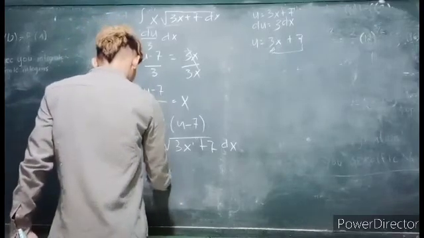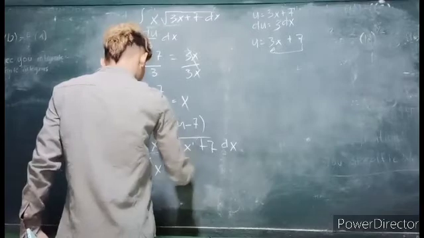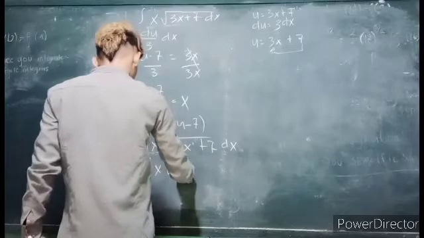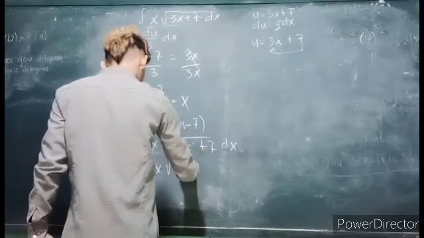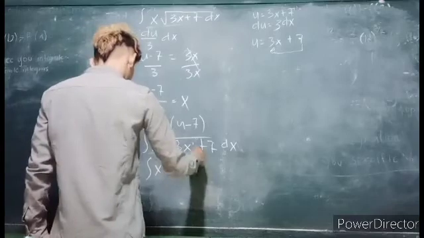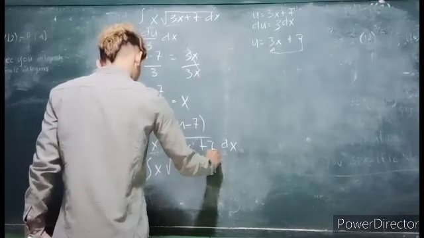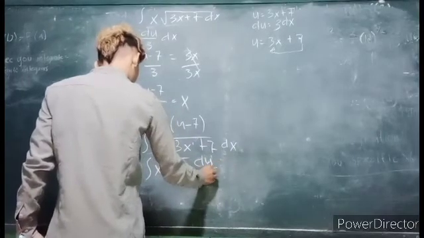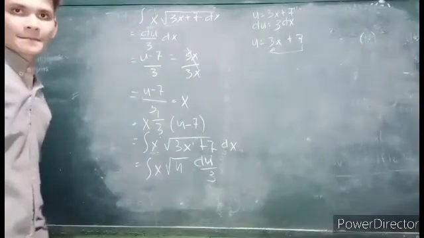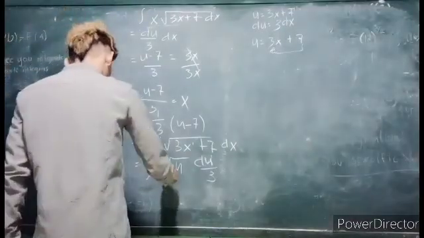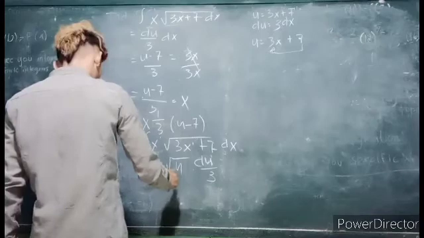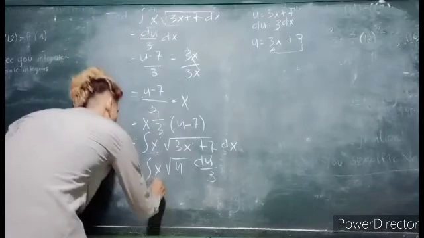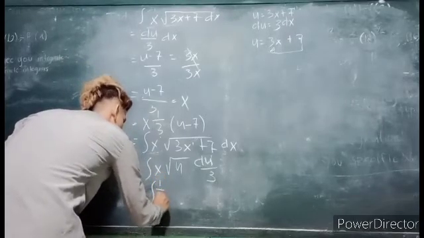So as what I've said, we need to replace 3x plus 7 with u. Then du over 3, divided by 3. Multiply, replace 1/3. Magiging 1/3 na si x.